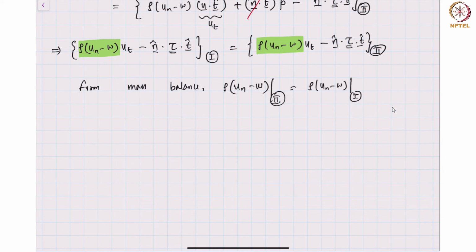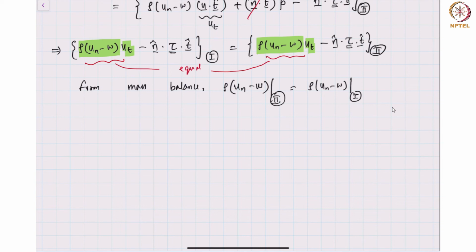Further, we also have shown that these tangential components are also the same across the interface because of the no slip condition. So this entire term here, this term and this term, they are identical. They are equal across the interface.